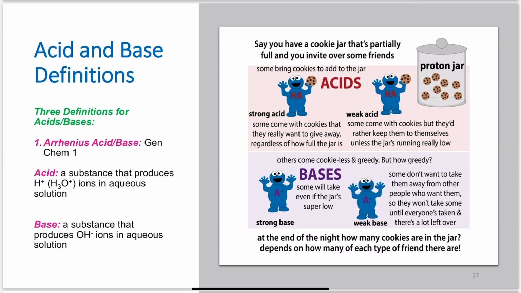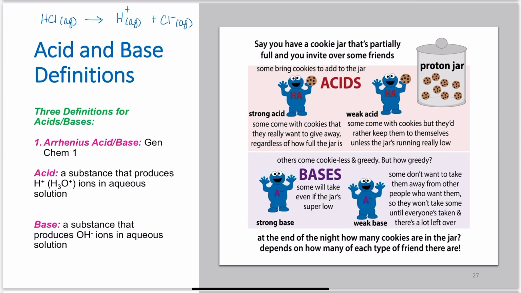An acid is defined as a substance that produces H plus or H3O plus ions in an aqueous solution. Why could it be H plus or H3O plus? Well, the truth is, when I take HCl and dissolve this in water, I usually write it like this, showing these two things breaking apart. But the truth is, this is surrounded by water.